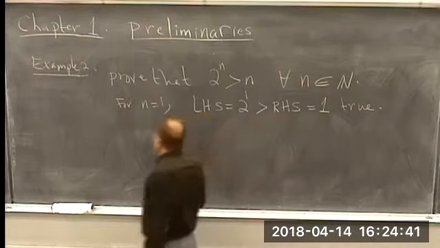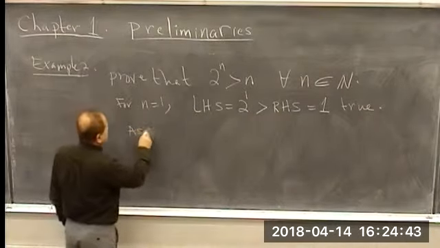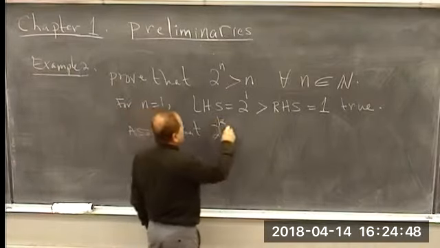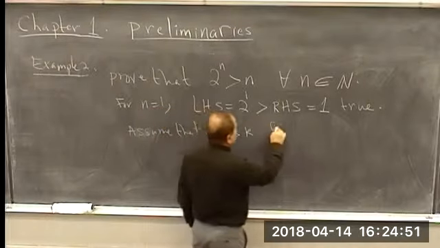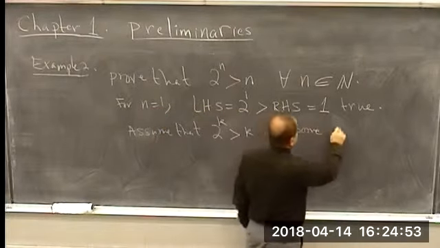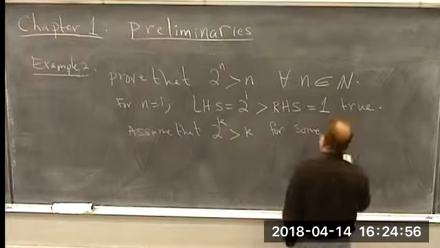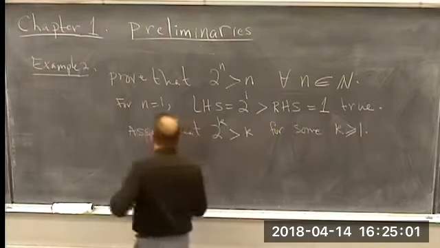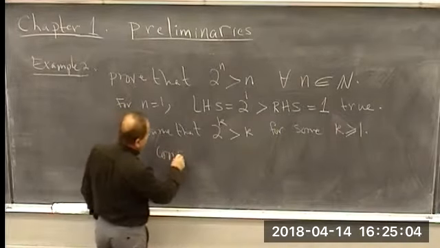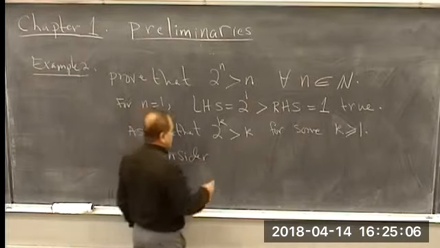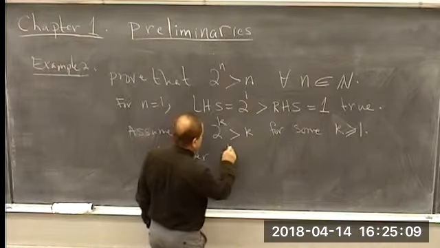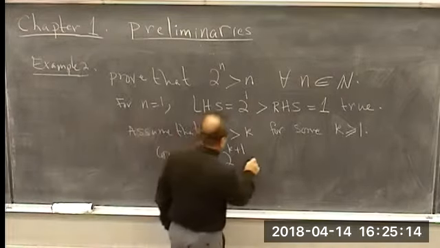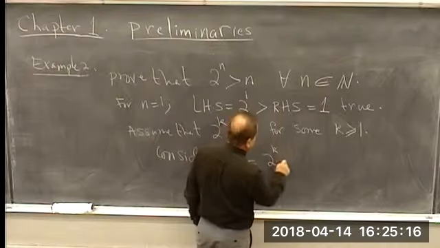Next, we can assume that 2 to the power k is bigger than k for some integer k, or natural number k, bigger than or equal to 1. And we're going to consider the inequality. Consider 2 to the k plus 1 like this. And once again, we could write this as 2 to the k times 2.